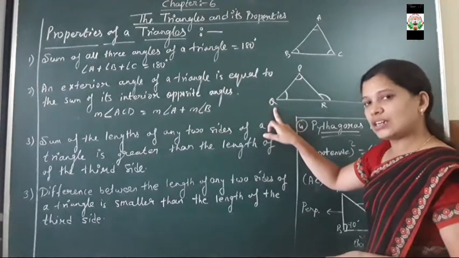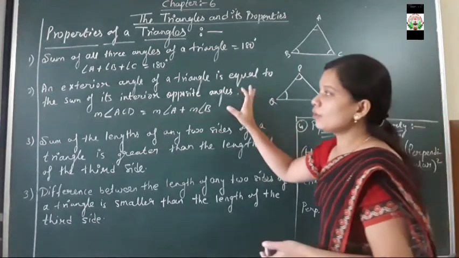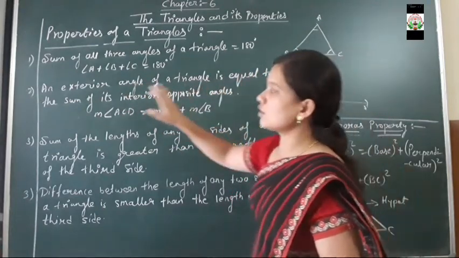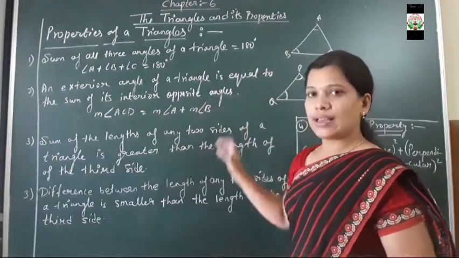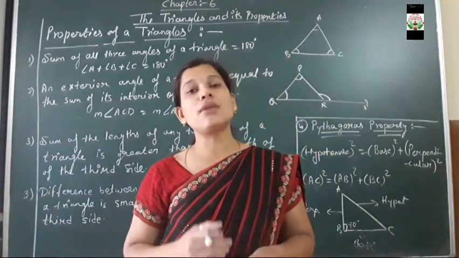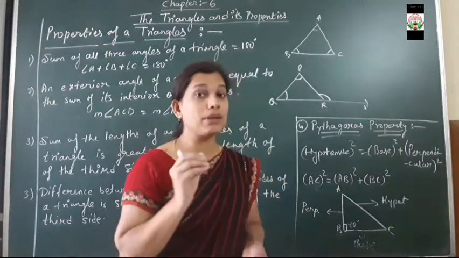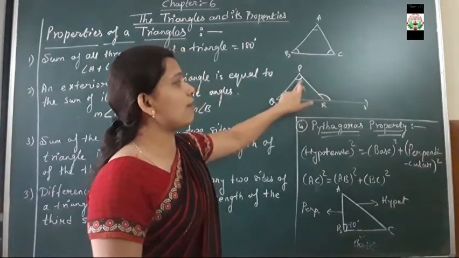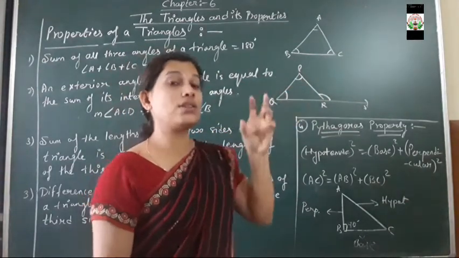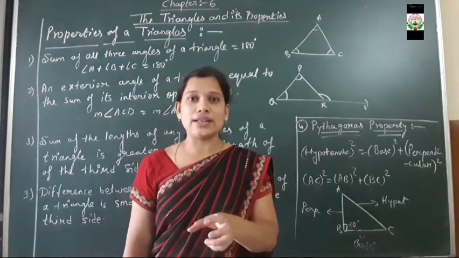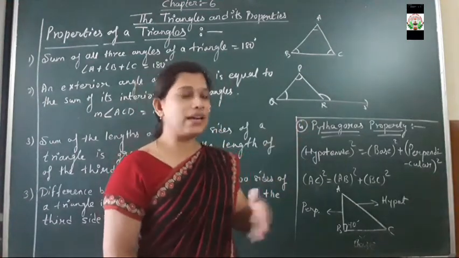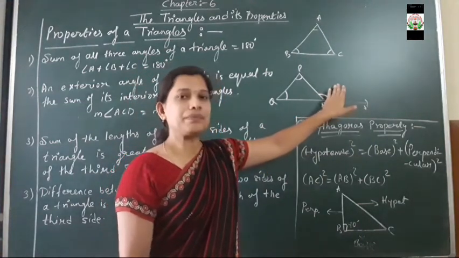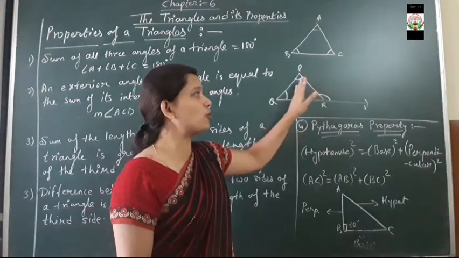Remember the words I said: an exterior angle is always equal to the sum of the opposite interior angles. It is not the sum of any angles, because then you might add this angle too, but it is not like that.